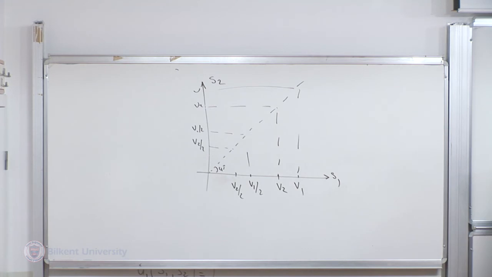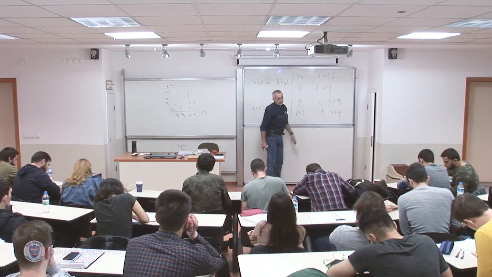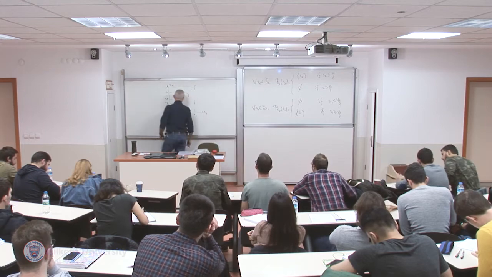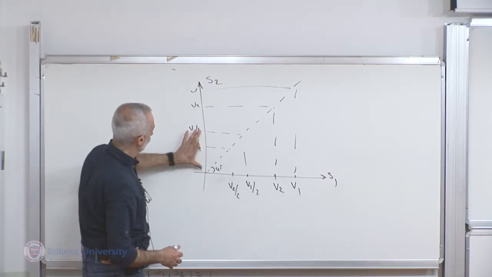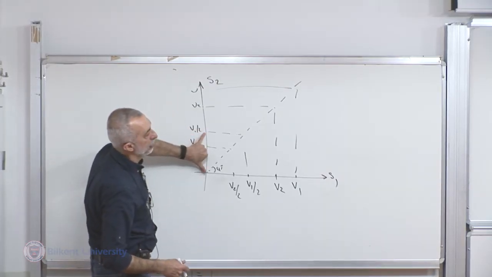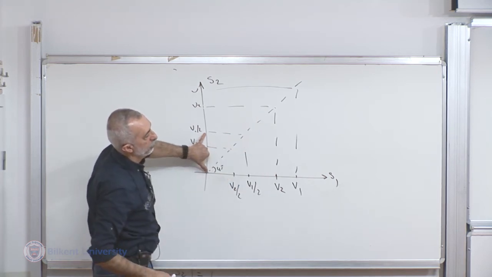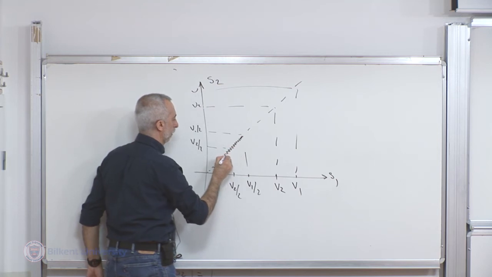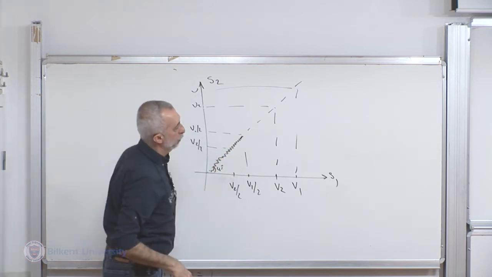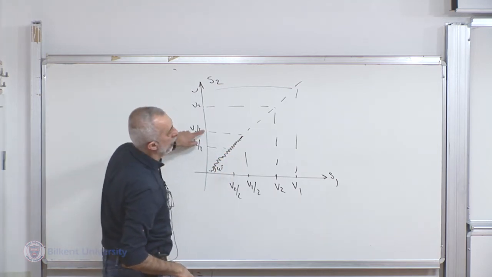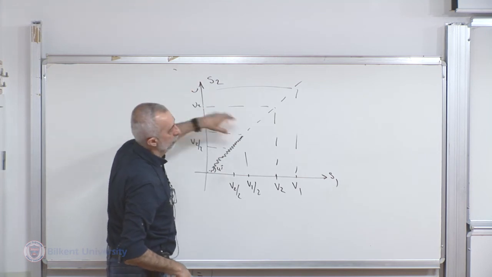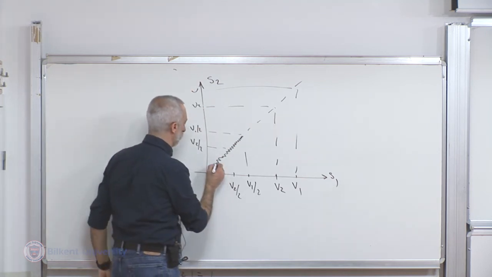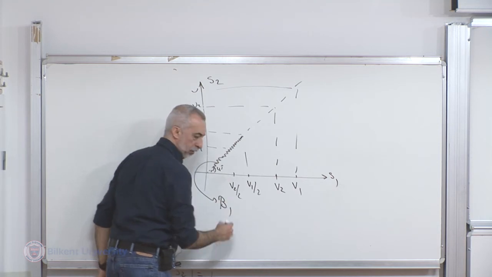So if S2 is less than V1 over 2, the best response of player 1 is to play exactly what his opponent did. So for any strategy in this region, player 1 will play S2. And when S2 is bigger than V1 over 2, he doesn't have a best response. So that's the picture of B1.